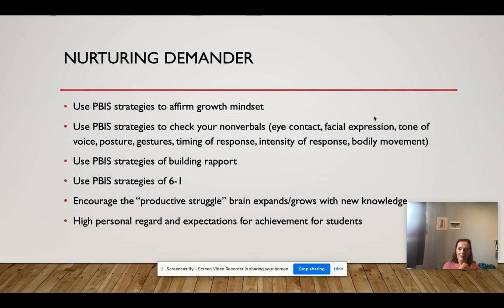And look at that, chew it up, figure it out. Because for everybody, we want to believe in the power of achievement. And we want to hold everybody to very high expectations, no matter who they are. So that's whole brain teaching. And you have such power.